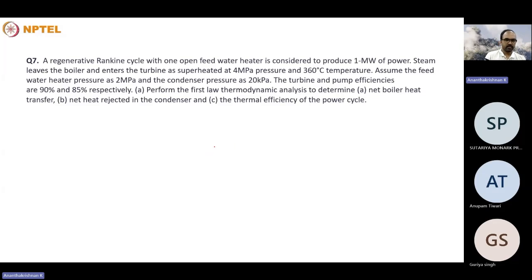I'll draw the schematic. So there is this boiler, and then it goes into the turbine.